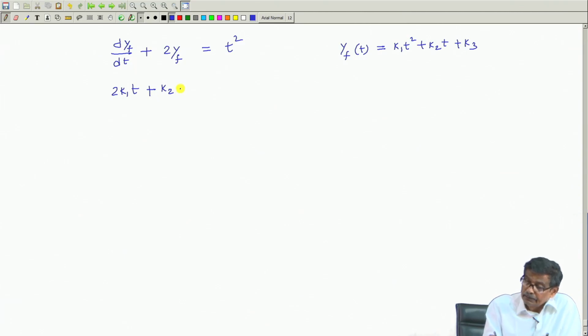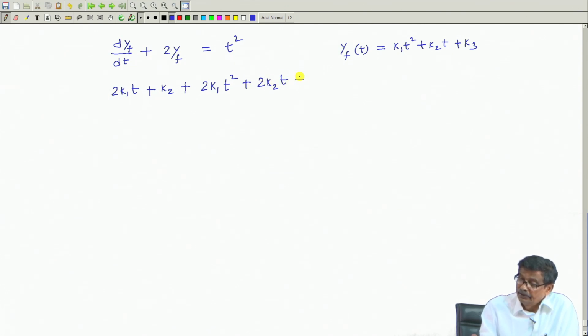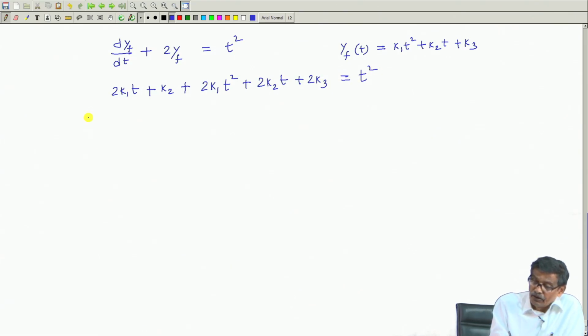And then plus 2 y_f, which is 2 k1 t square plus 2 k2 t plus 2 k3, and that has to be equal to t square. If I make a mistake, point out.